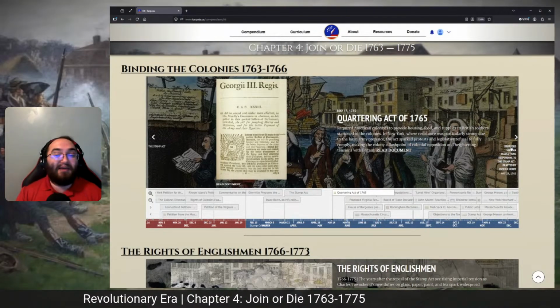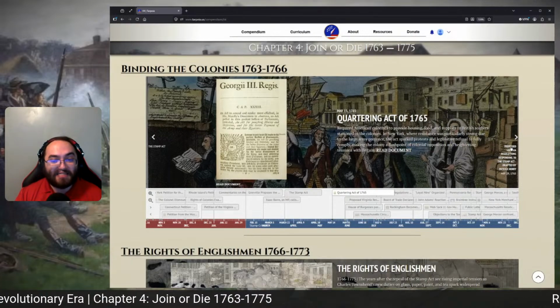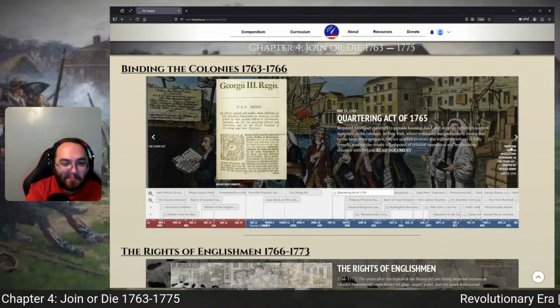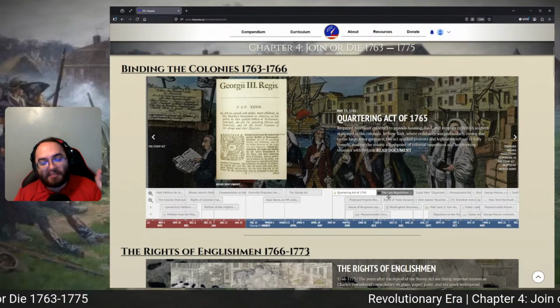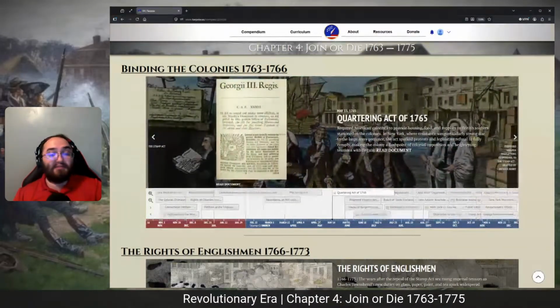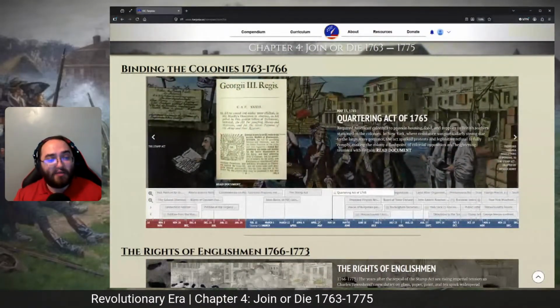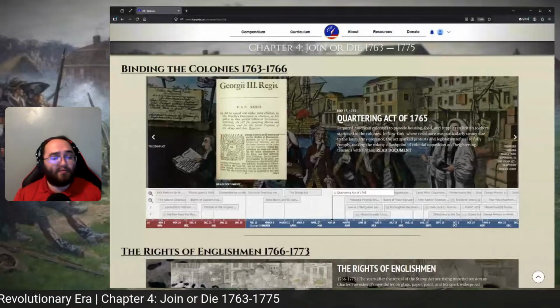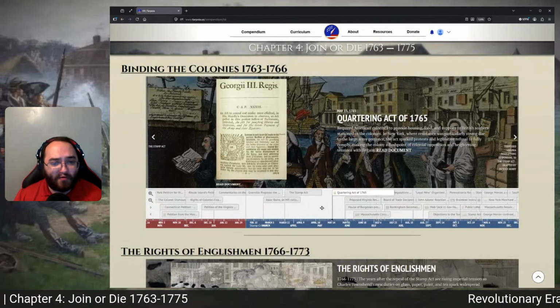So the Quartering Act of 1765 is even more incendiary than the Stamp Act itself. The Stamp Act doesn't even go into effect and doesn't have any real impact on the colonies.